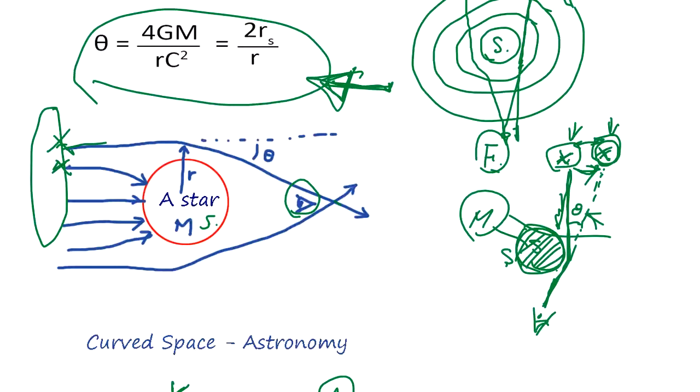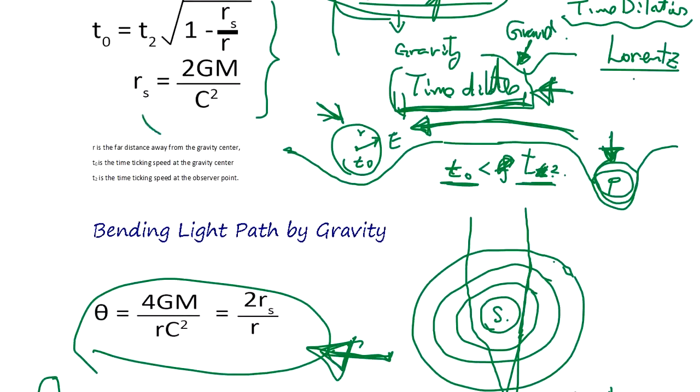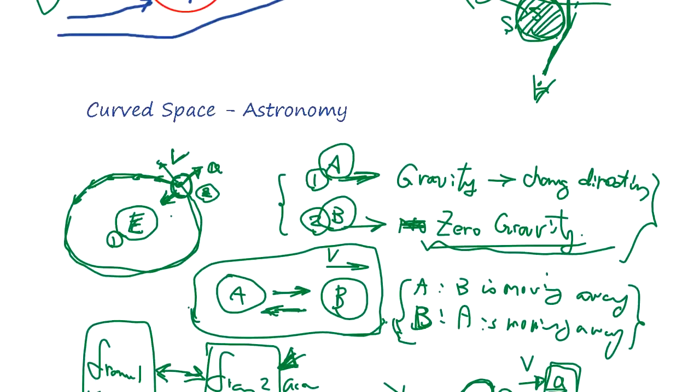So Einstein's theory for uniting gravity and acceleration brought time dilation and the bending of light and some other effects explained in astronomy.